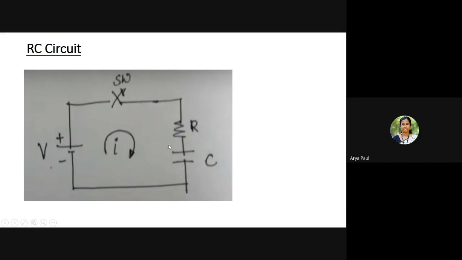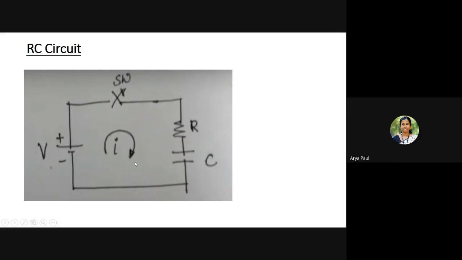Now suppose the capacitor is fully charged. Fully charged means the capacitor potential becomes equal to the voltage we are applying. Here we are applying a DC voltage V, and the capacitor gets fully charged to that V voltage. Now what happens to the current? The potential across the capacitor becomes equal to the potential of the source, so the two potentials become the same.